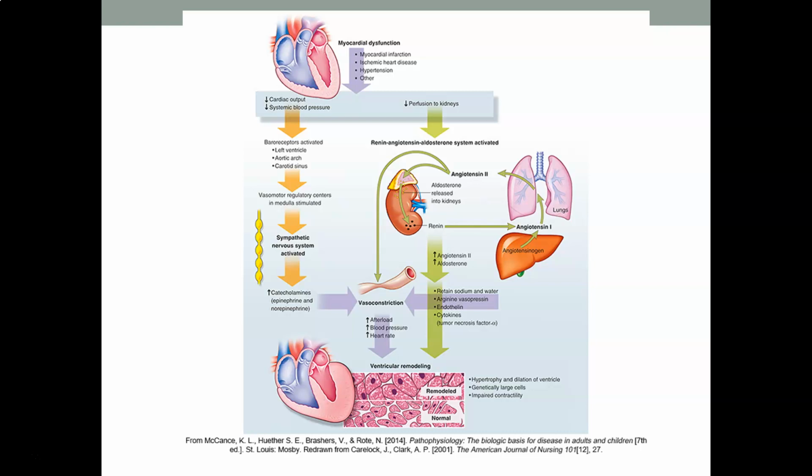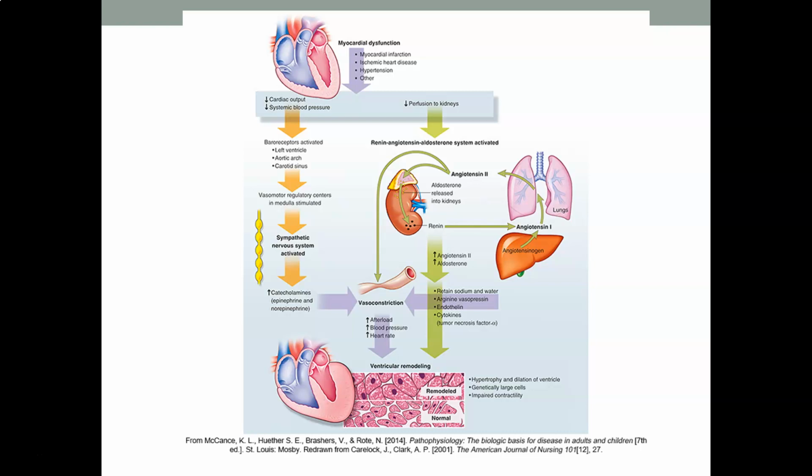Without going into a whole lot more of the patho, now that we have this low output state, it causes decreased kidney perfusion. With the decreased kidney perfusion, the renin-angiotensin-aldosterone system is activated, retaining both sodium and water.